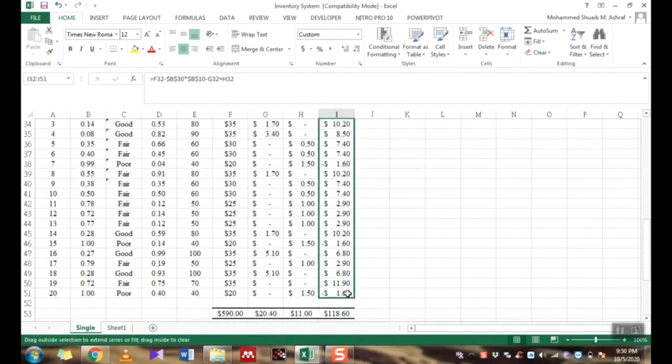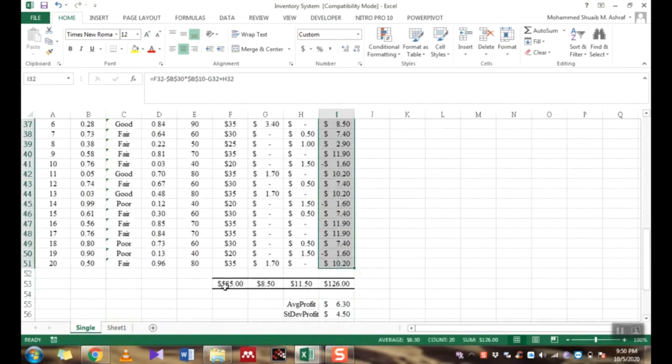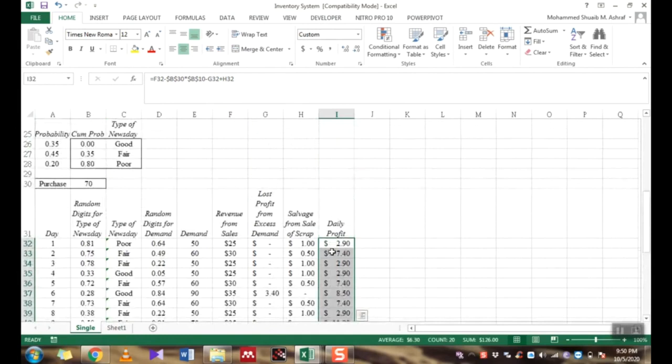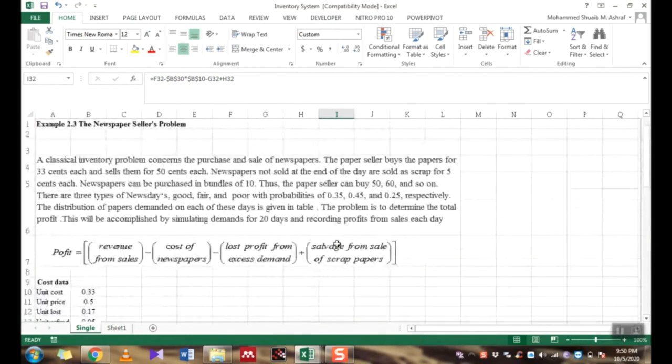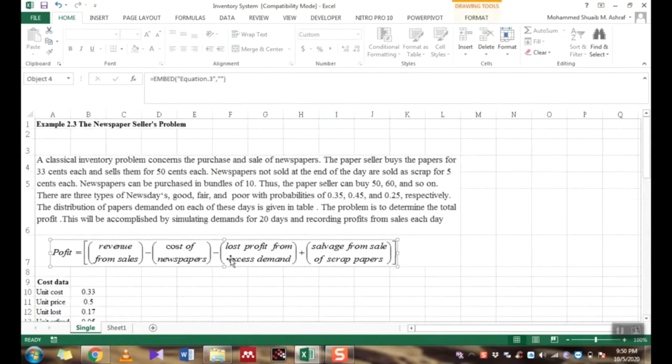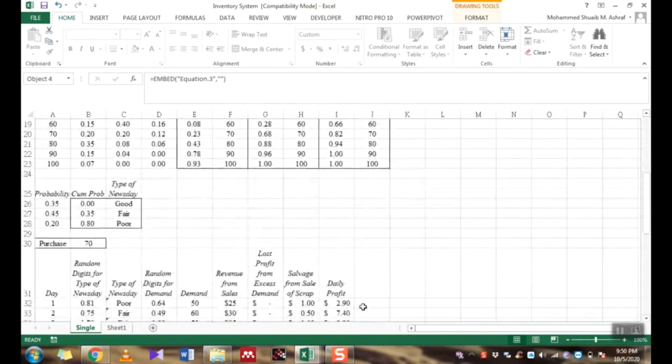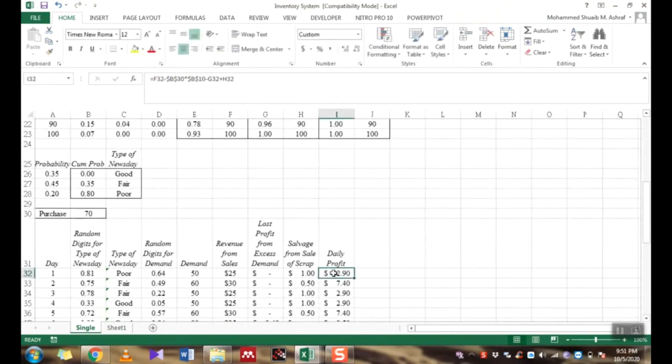So profit is calculated for 20 days. We can see this formula again. The formula is: revenue from sales minus cost of newspaper minus lost profit from excess demand. The cost of newspaper is 70 multiplied by 33 cents.